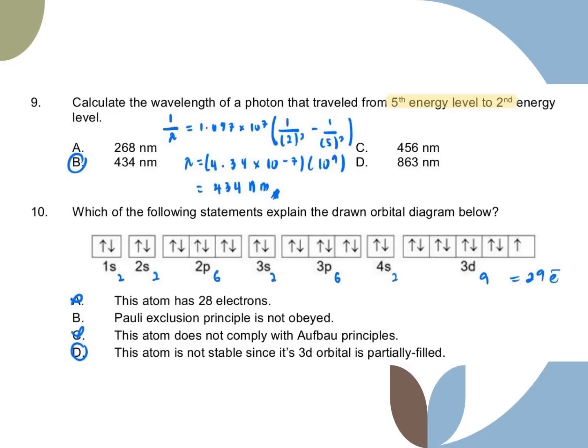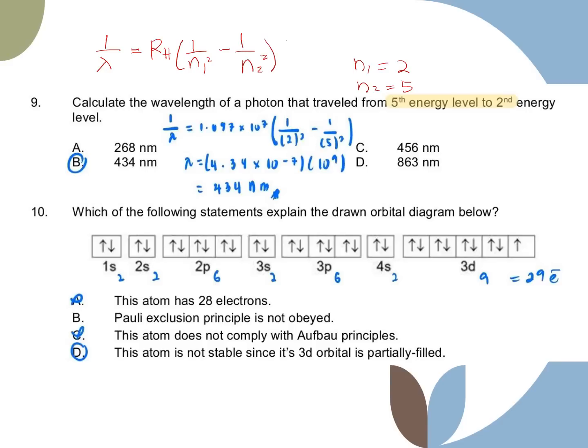Alright, let's see how to answer question number 9. Calculate the wavelength of a photon that travels from the 5th energy level to the 2nd energy level. So from this question, we know that N1 is equal to 2 and N2 is equal to 5. You have to use the Rydberg equation for calculating lambda: 1 over lambda equals RH times 1 over N1 squared minus 1 over N2 squared.